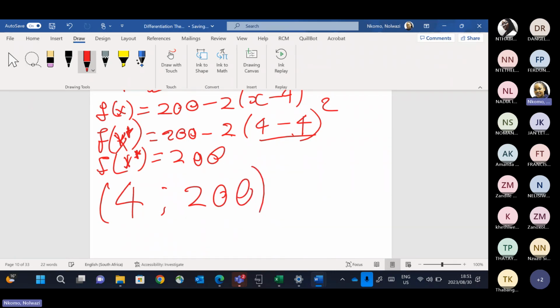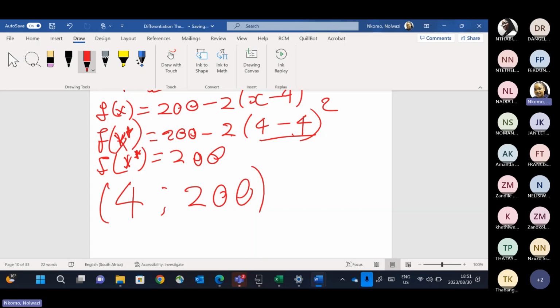Right. Remember, the question didn't just say we should find the turning point only. They said we need to find the nature of the turning point too, right? And to determine the nature of the turning point, we said we have to find the second derivative of the given function, right?